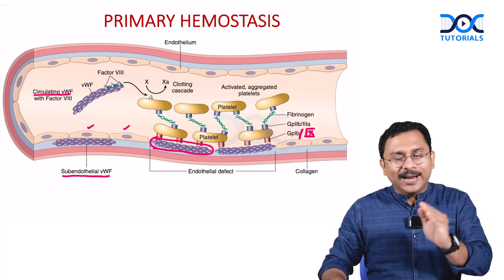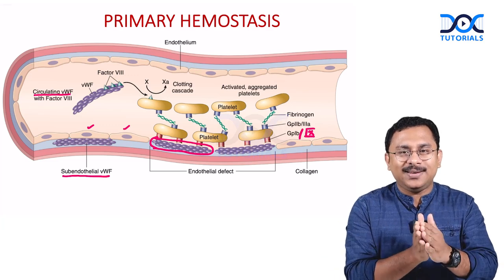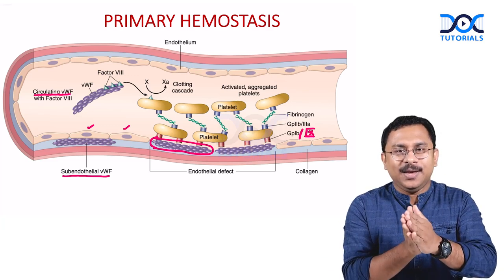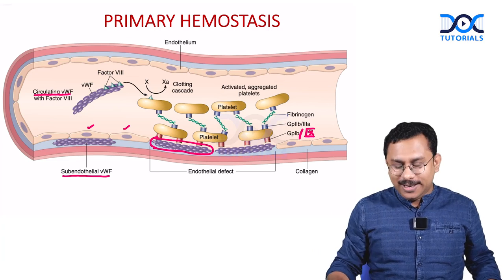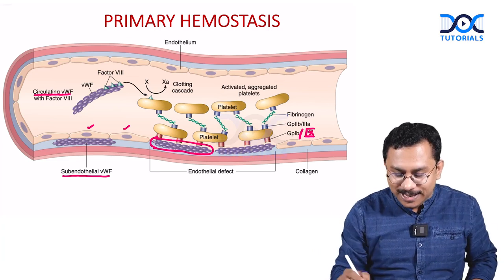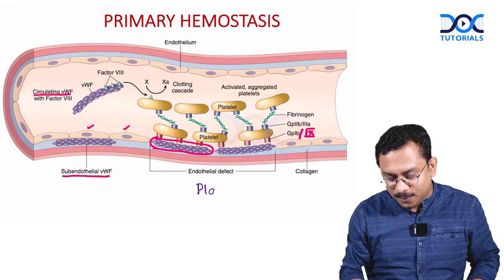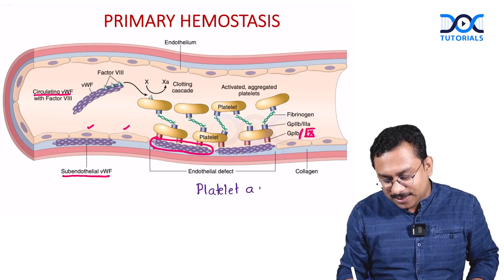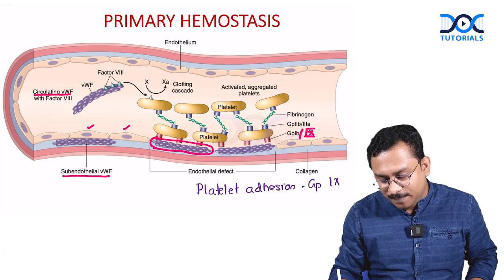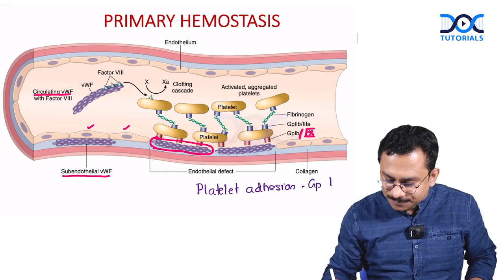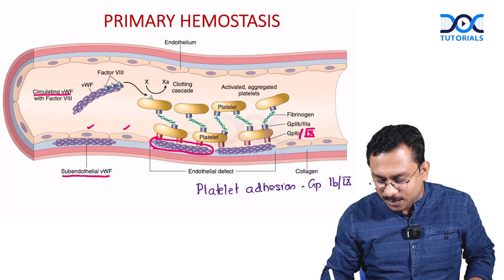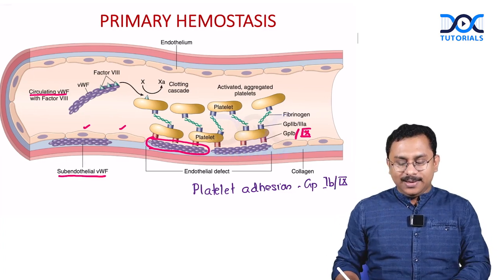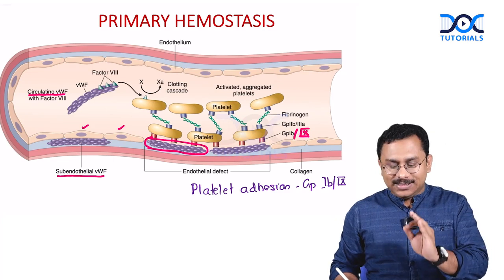So the von Willebrand factor will serve as a bridge between the subendothelial collagen and the platelet. As a result, you will have platelet adhesion, which is mediated by the glycoprotein 1B9 receptor. So that mediates platelet adhesion.